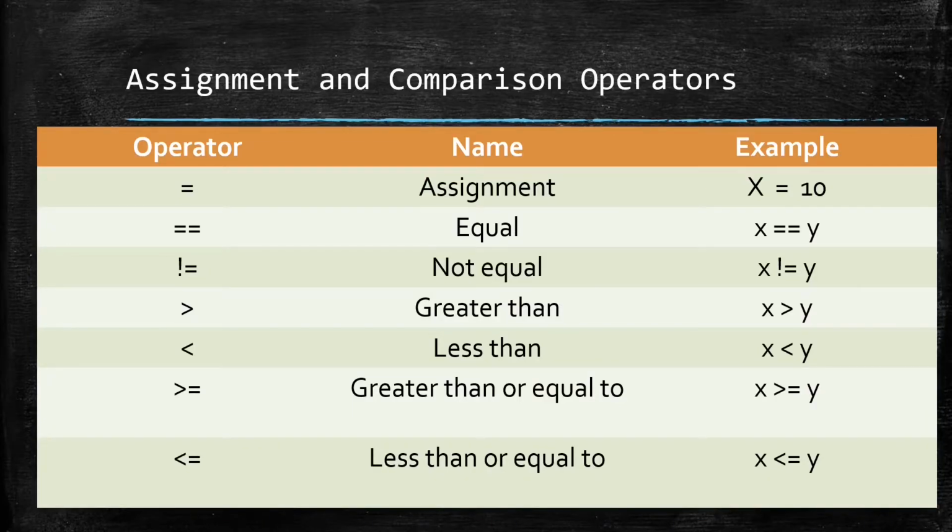Next, not equal, then greater than, less than, greater than or equal to, and less than or equal to. These are the comparison operators we are going to see in Python. Let us see them in our Python shell.